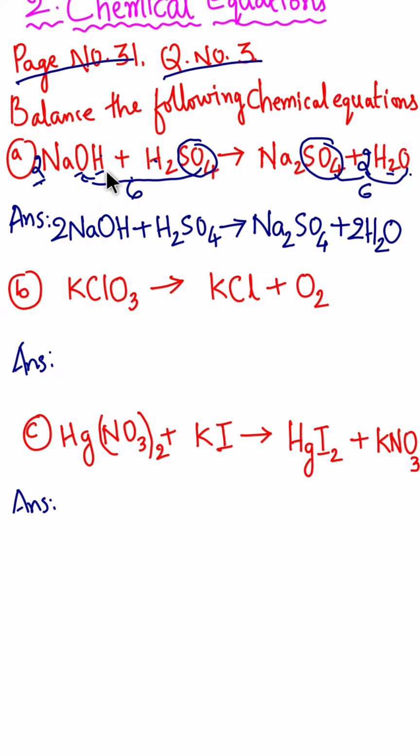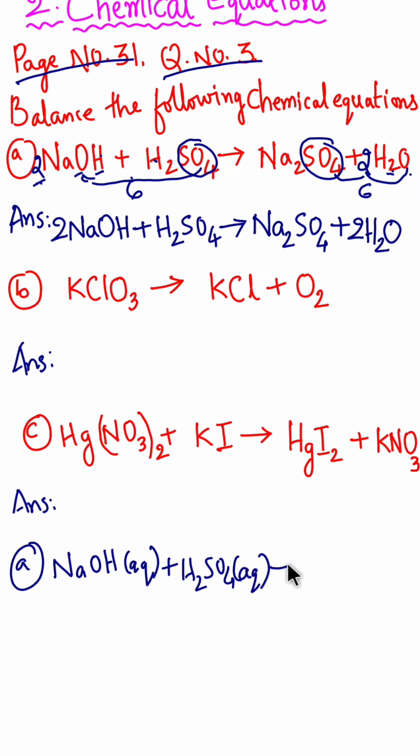Now the same equation I am writing here for the understanding of physical state. Suppose it is given like this: NaOH (aq) plus H2SO4 (aq) gives rise to Na2SO4 (aq) plus H2O (aq).